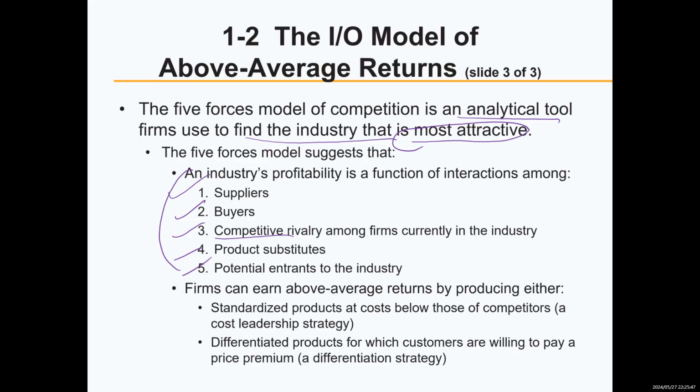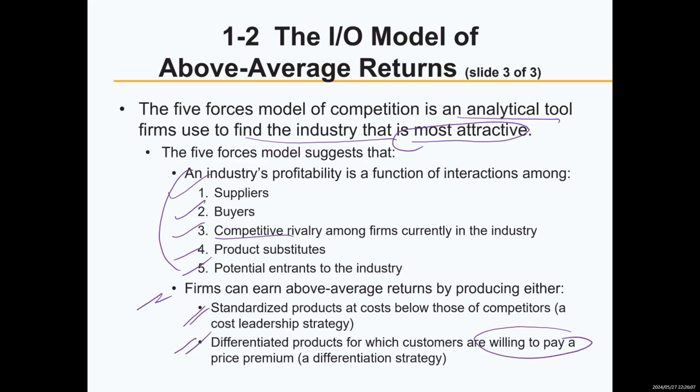The firm can earn average return by producing either a standardized product or a differentiated product. Differentiated products are those for which customers are willing to pay a higher or premium price.